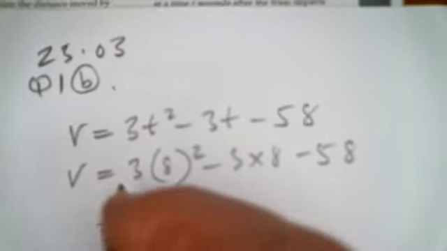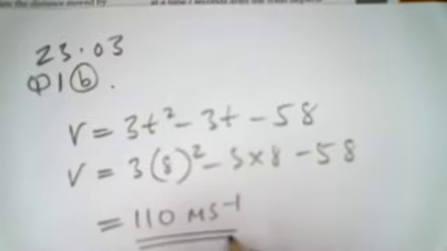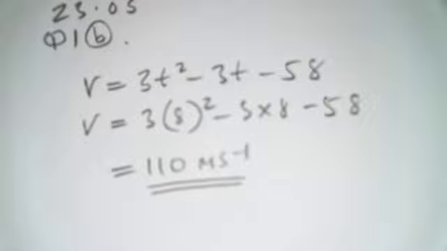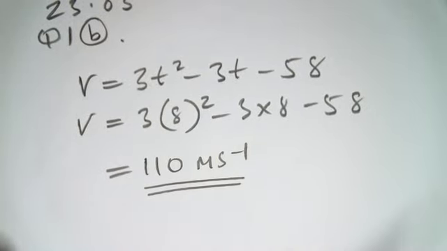So the velocity is going to be 110 meters per second, and that's the answer for question 1b. So you need to write the velocity after 8 seconds is 110 meters per second. Make sure you give them the right information in an English sentence, yeah? So that's B.